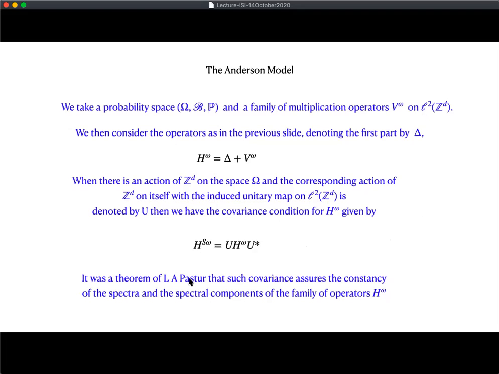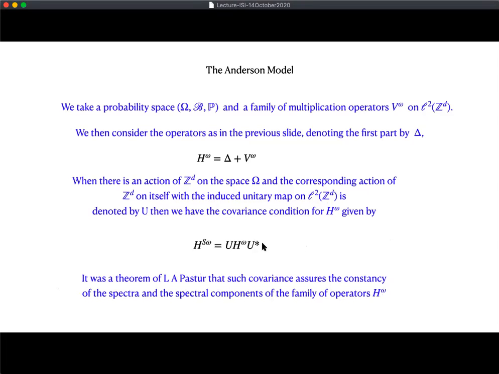Once you take this model, it is a theorem of Pastur that such covariance assures the constancy of the spectra and the spectral components of this family H_omega. A priori this is a self-adjoint operator that depends on the parameter omega, so its spectrum also could change with omega.